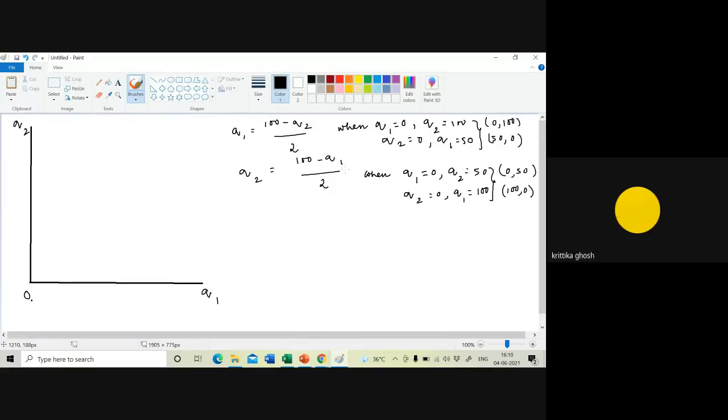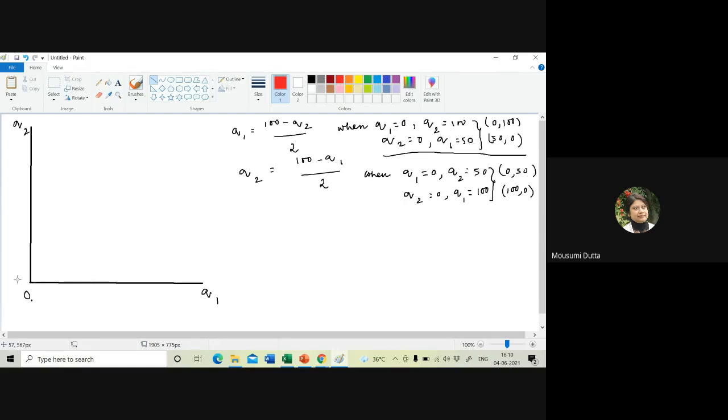Yes, ma'am. Consider this set only. So I'm getting 2 points, (0, 100) and (50, 0). Once I get 2 points, I'll be able to draw a straight line.